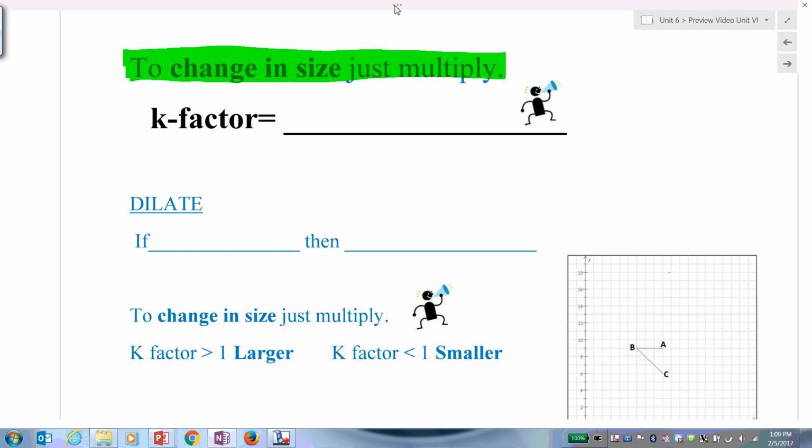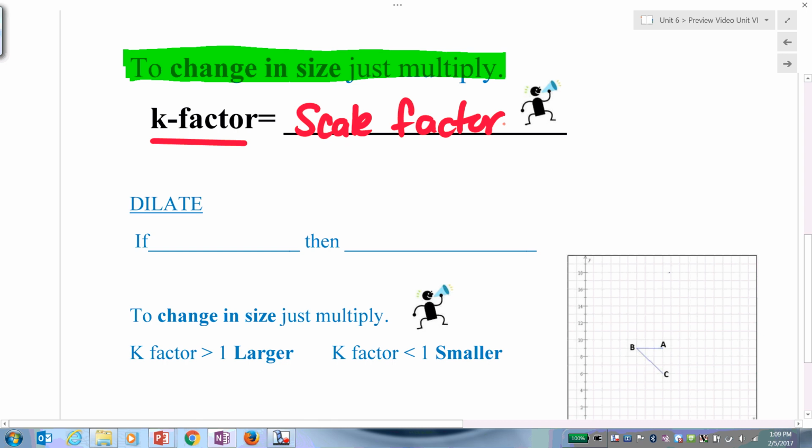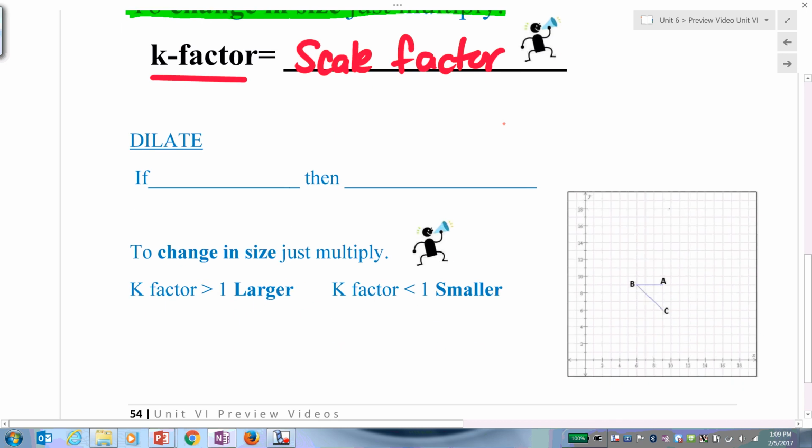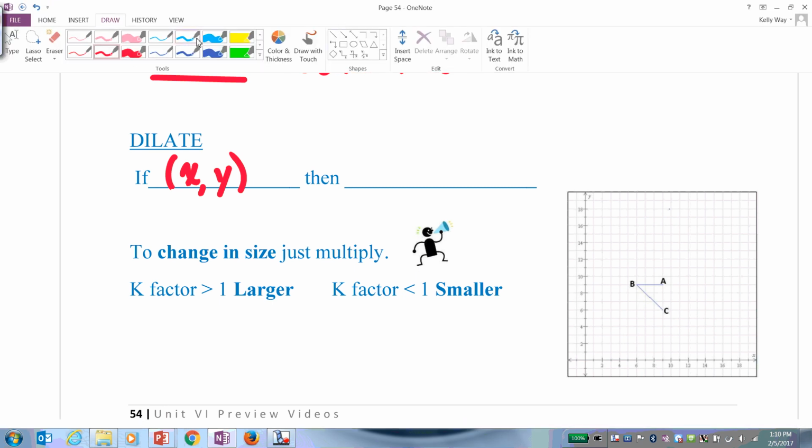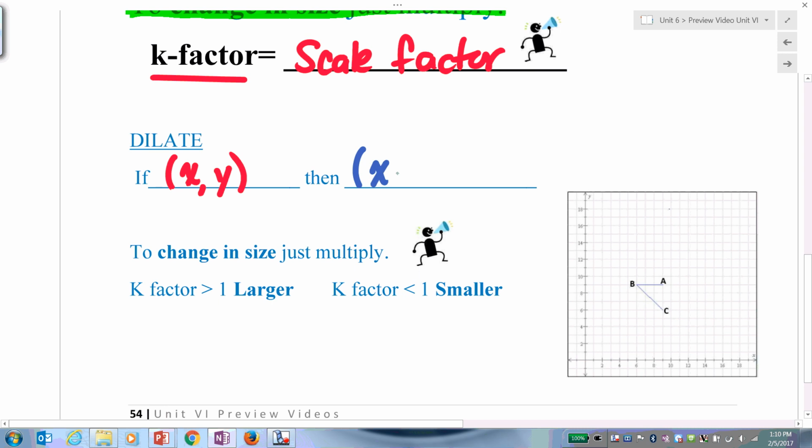It's not that hard. We're going to be multiplying by something called the K factor, which is also the scale factor. Okay, let me give you a simple demo. If we want to dilate the coordinates x and y by a K factor or a scale factor, then all you do is you take that x, you times it by that K factor, you take the y, you times it by the K factor.